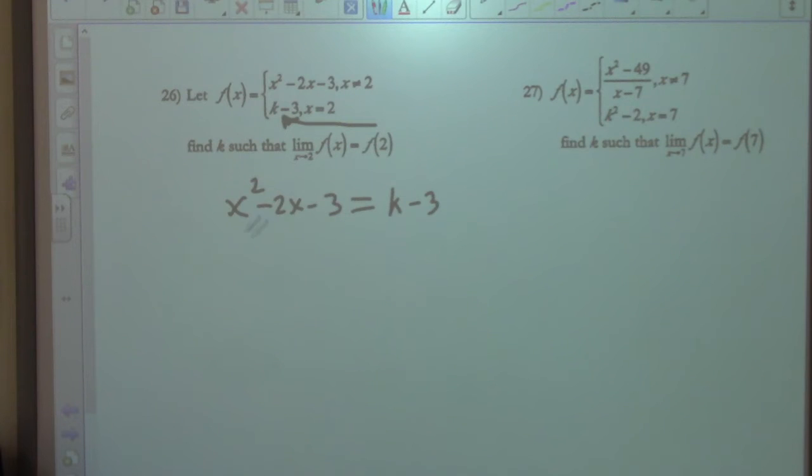So what tells me that both the left hand limit and right hand limit are going to be represented in this expression here? What tells me this includes the right hand and left hand limit?